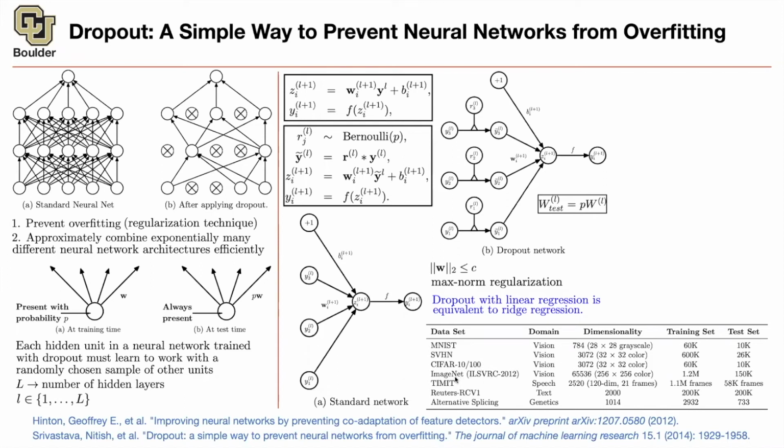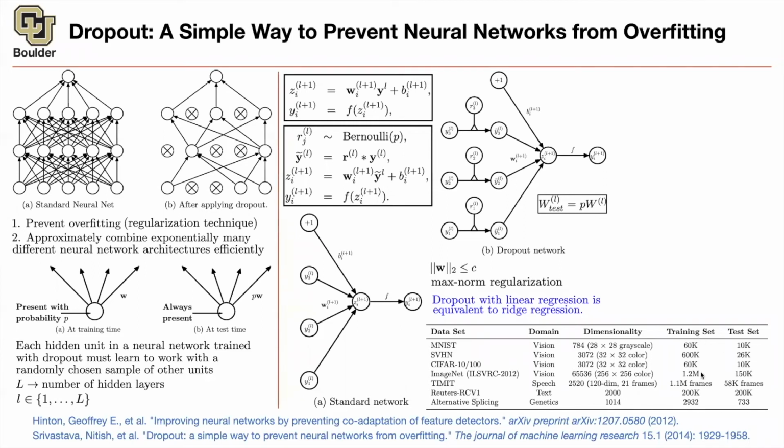There is ImageNet, which is a huge data set, and the resolution is bigger, 256 by 256. There is TIMIT, a data set for speech, and Reuters is a data set for text, and the other one is for genetics.